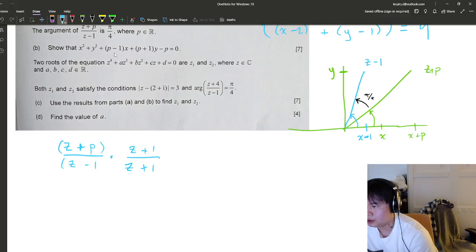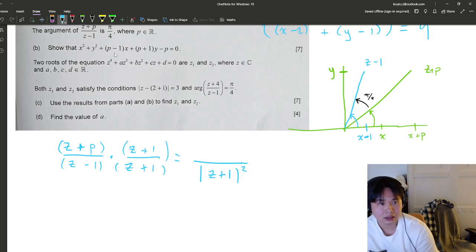Okay, so then you get essentially this thing, length of z or whatever.